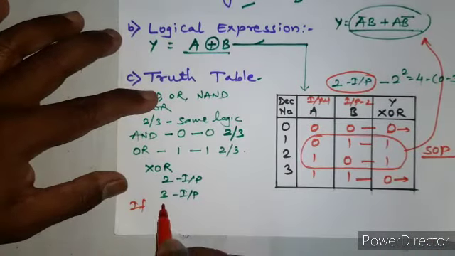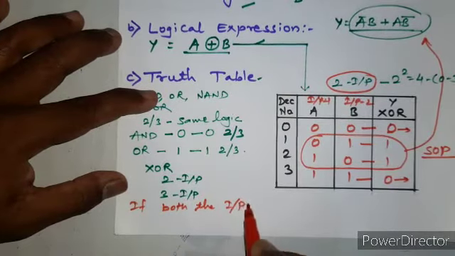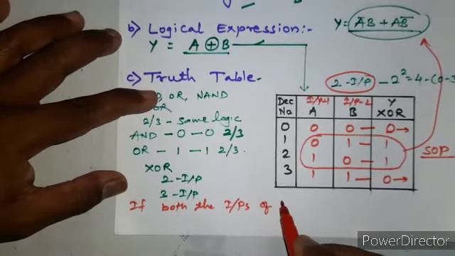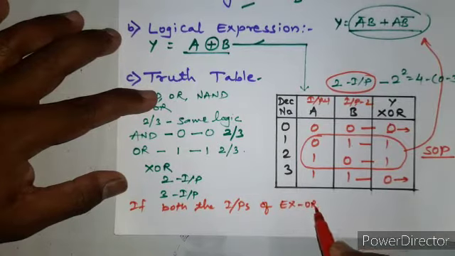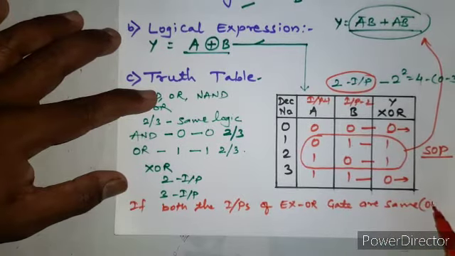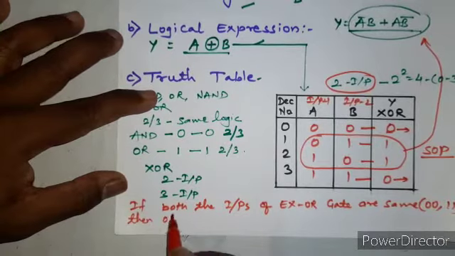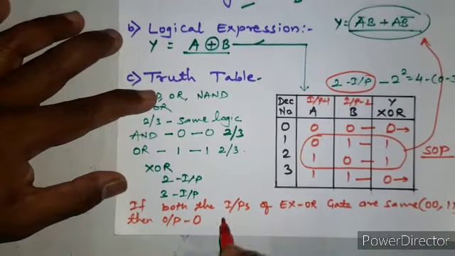If both the inputs of the XOR gate are the same, that is 0 0 or 1 1, then the output is 0.